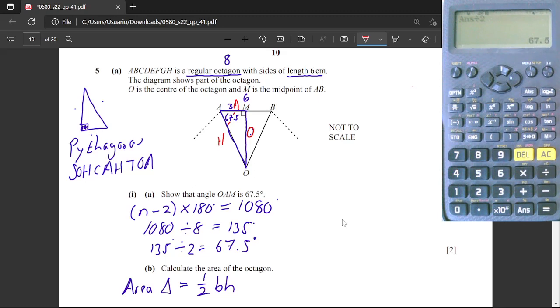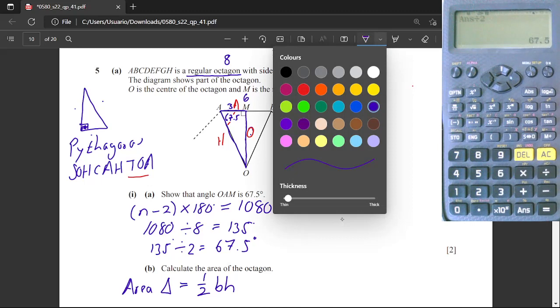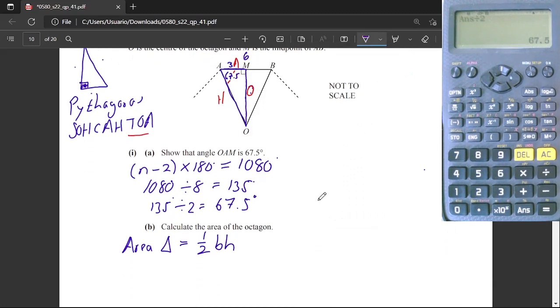So O and A means we use the tan ratio. Let's write that down. We use the tan ratio, then we put the angle, which is 67.5, equals O is first, put that at the top. O is what we want to find. In this case, I'm going to label it OM.